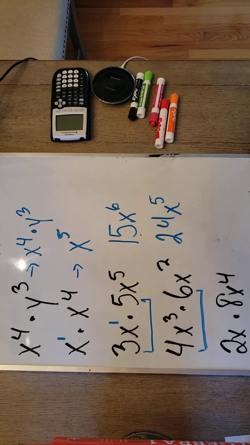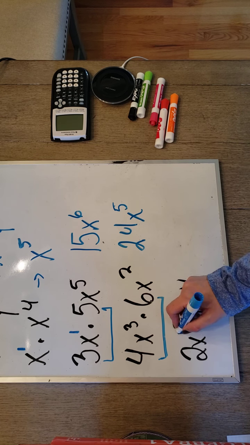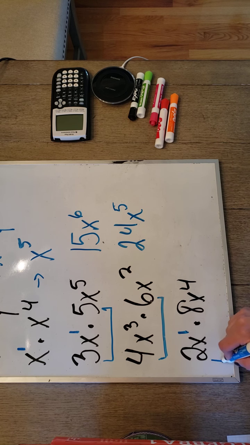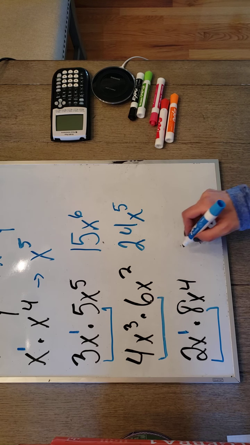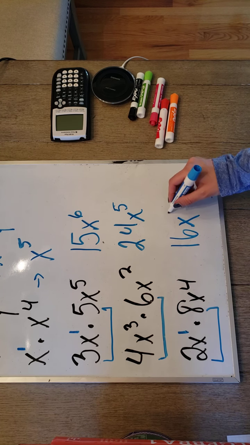And then we have 2x times 8x to the 4th. Do I need to put ones anywhere? Hopefully you said yes. Your constants, what do you do? Multiply. Your bases are the same, so keep it. Add your exponents.